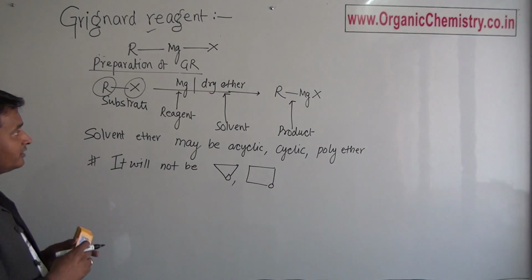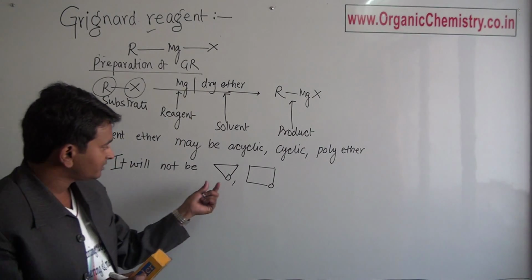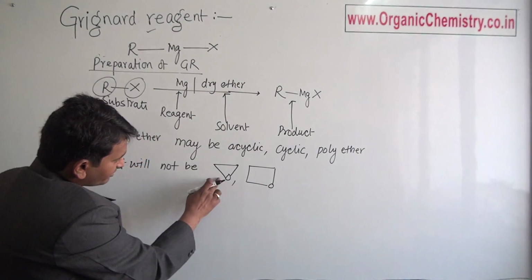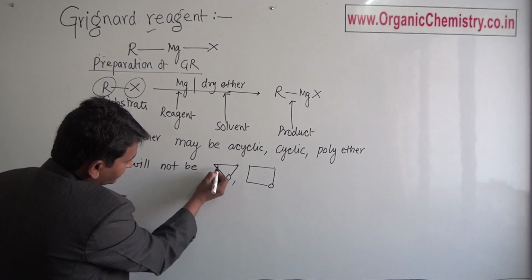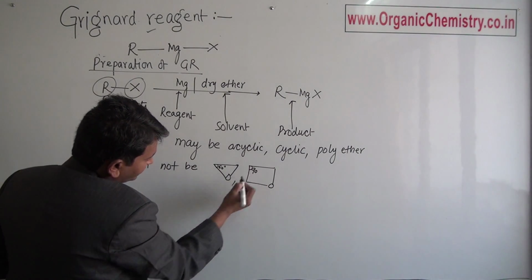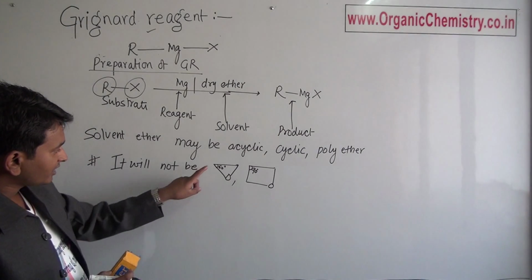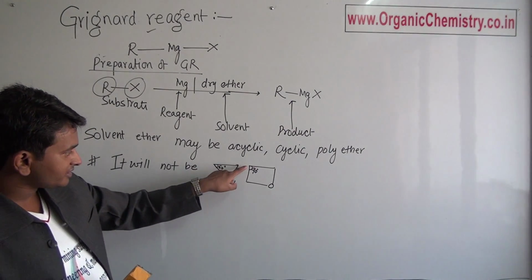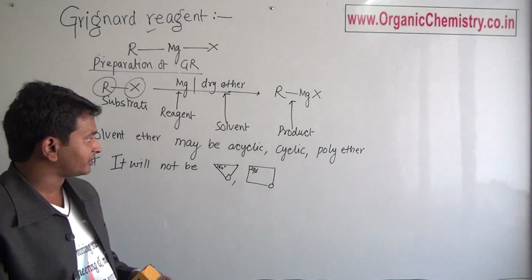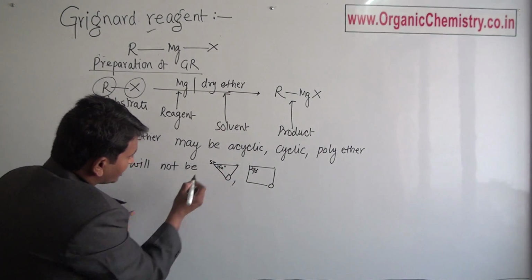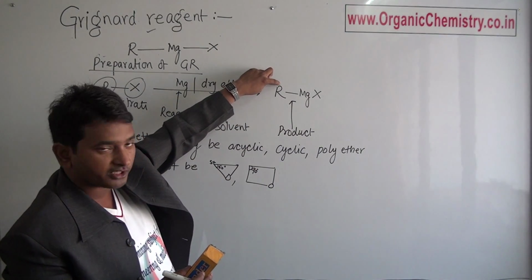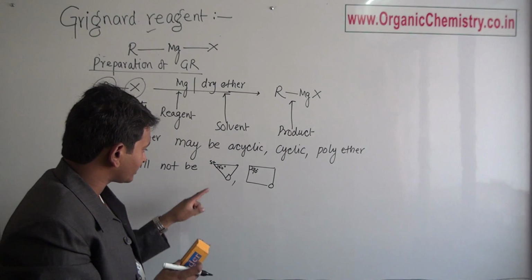It is important. This solvent should not be a three-membered or four-membered cyclic ether, because three-membered and four-membered cyclic ethers have strain. The ideal angle is that of sp3 carbon, but here the angle is 60 degrees. So the molecule has angle strain, and due to angle strain this carbon has a partial positive charge, and GR is a good nucleophile and may attack this carbon and break this bond.